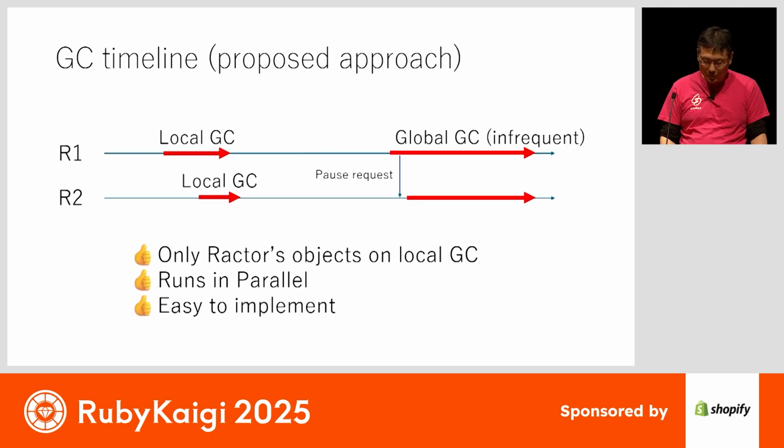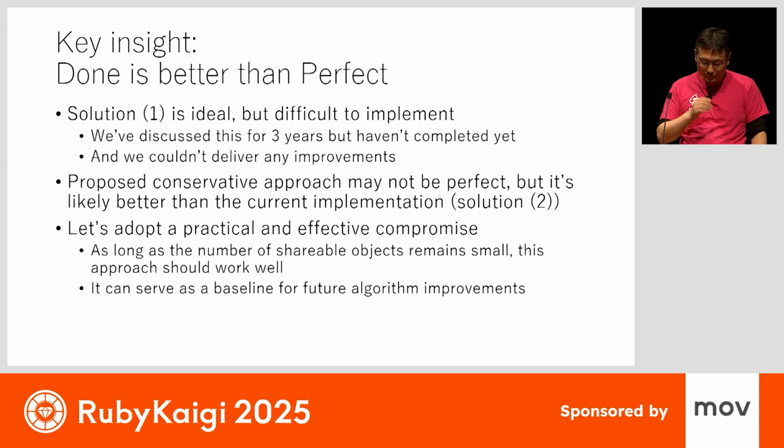This is the proposed timeline with our conservative approach. In most cases, we run the local GC independently in parallel, and infrequently we need to use the global GC. From this work, we learned a key insight: done is better than perfect.